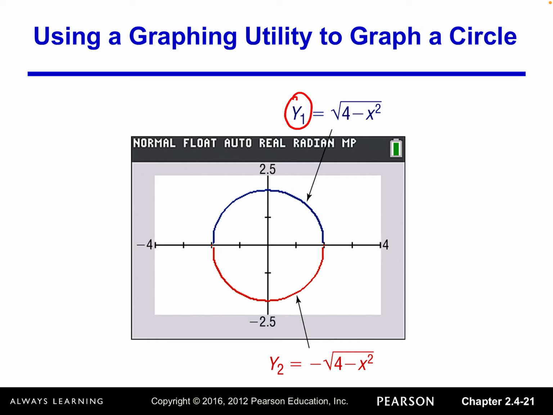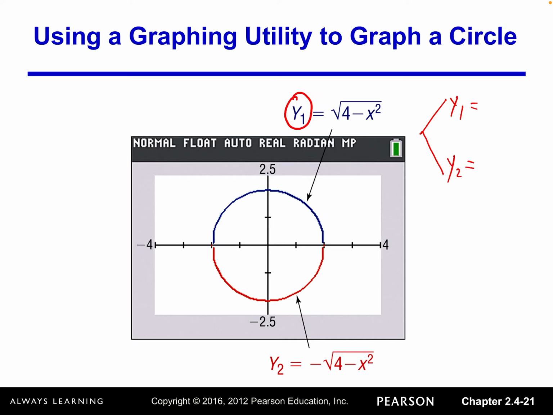So that's the reason why, if you want to enter the equation for the function in order to graph a circle, we have to break it into a half circle plot and another half circle. So we have to put a y1 and a y2. And then we have to solve for the y.